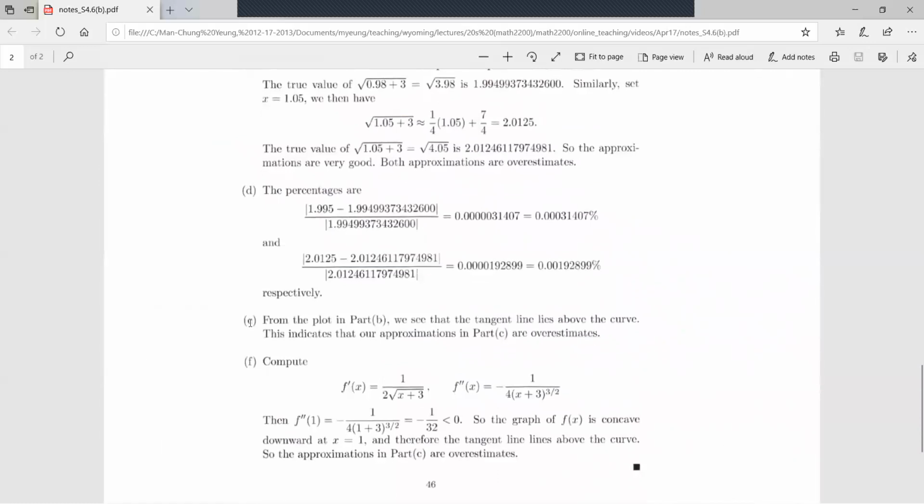Here is the answer to part E. From the plot in part B, we see that the tangent line lies above the curve, the graph of the function f.